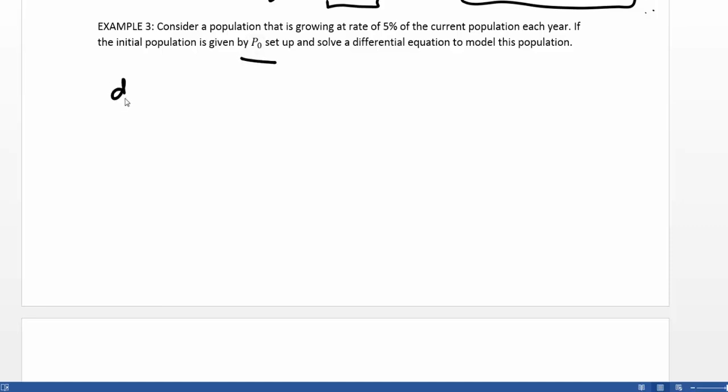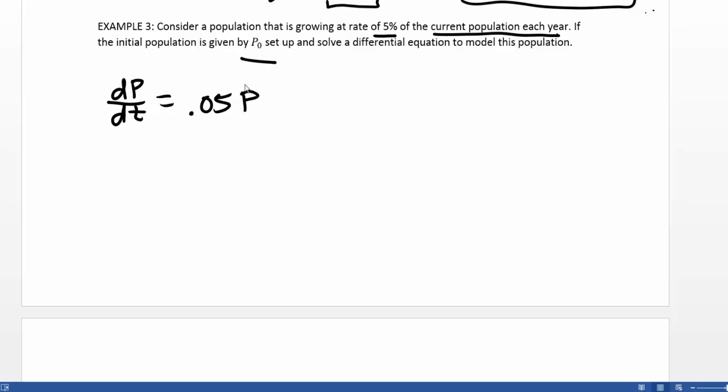So what we can do is call it dP/dt, the change in population over time, growing at a rate of 5% of the current population. So 0.05 P. 5% of the current population is the rate of change at which this population is growing.